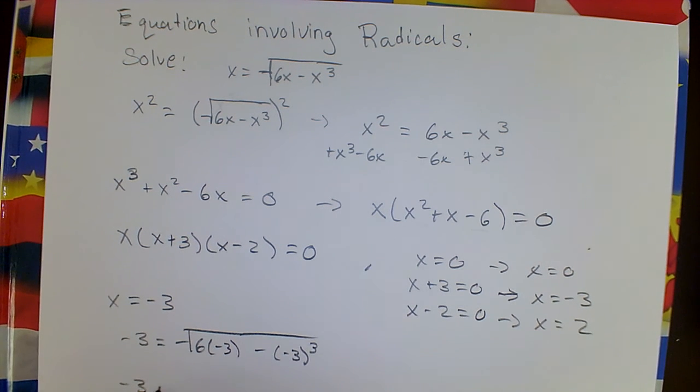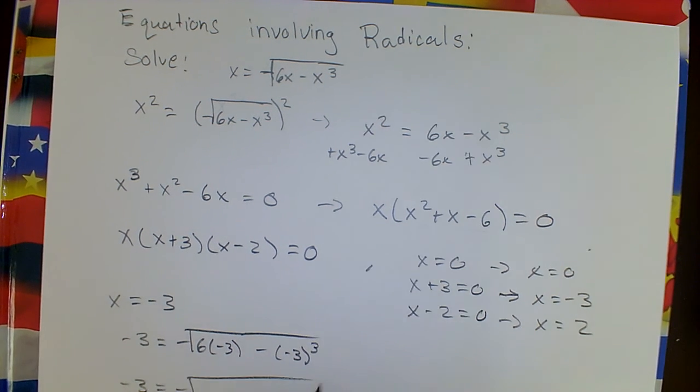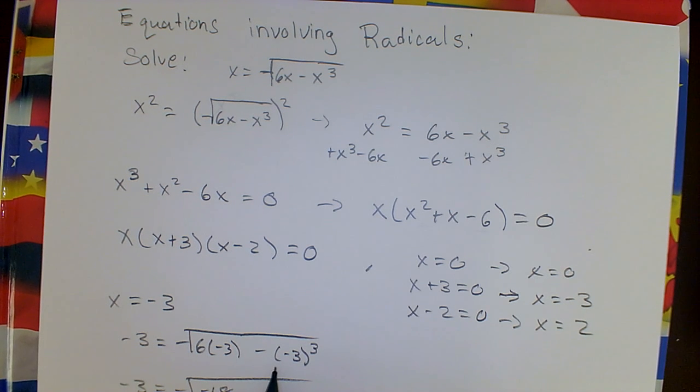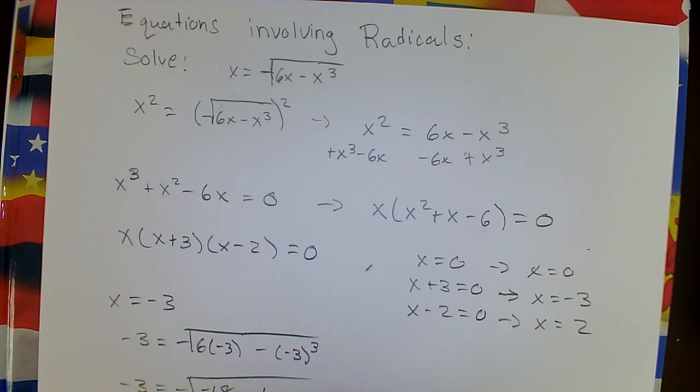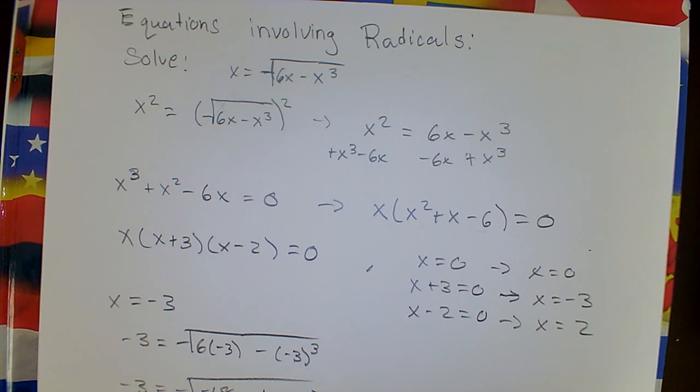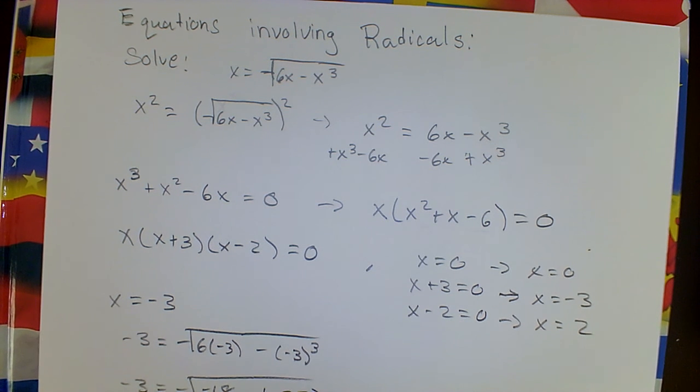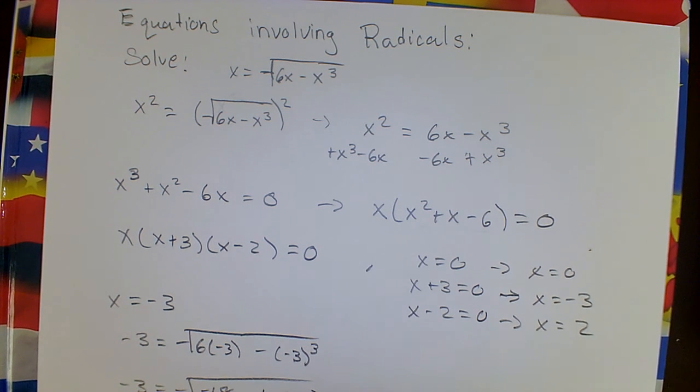So this is negative 18, and minus negative 3 cubed is minus negative 27, so minus minus is plus 27.